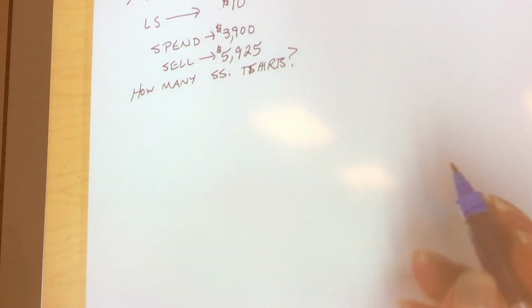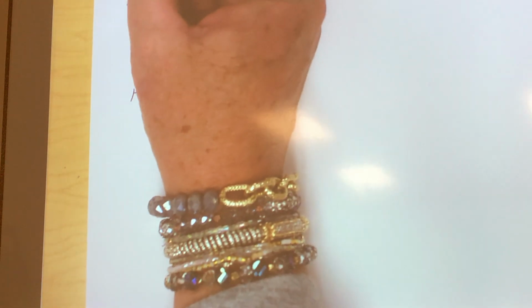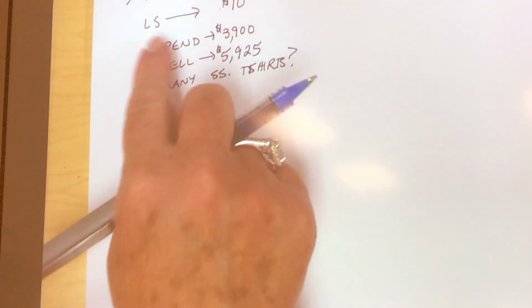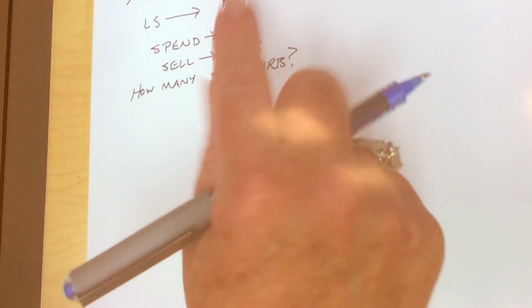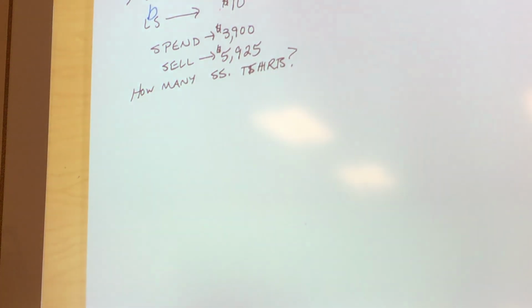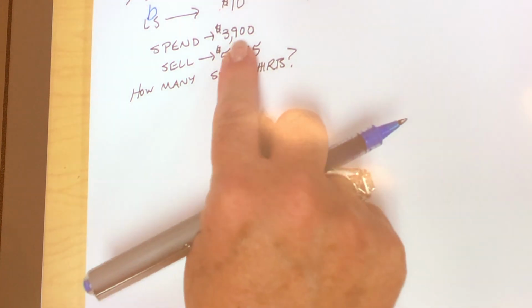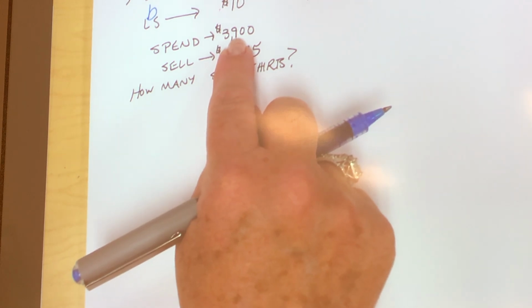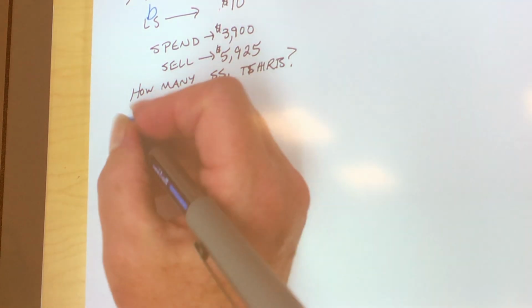So, okay, I'll go with A. A can be okay. I would have used X, but A's good. It's no big deal. So what are you going to call long sleeves? B. Okay? All right, so here we go. Make me up an equation that involves $3,900. What is going to equal $3,900?